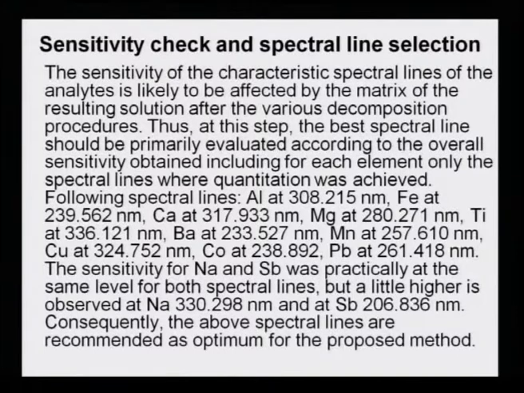Following spectral lines, such as for aluminum 308.215 nanometer was chosen, for iron it was at 239.521 nanometer, for calcium it was at 317.933 nanometer, for magnesium 280.271 nanometer, for titanium it was chosen at 336.121 nanometer, for cobalt it was at 238.892 nanometer, for lead it was at 261.418 nanometer.